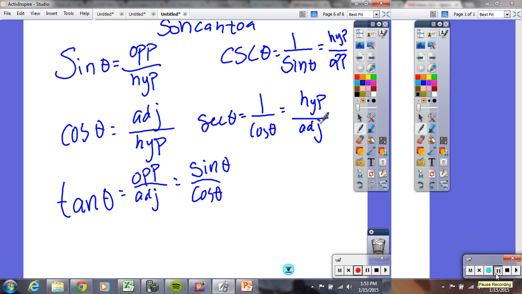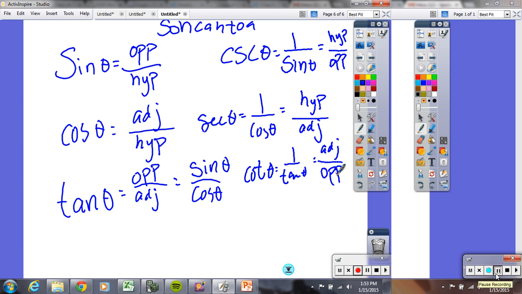Cotangent of theta is 1 over tangent of theta, which is adjacent over opposite.